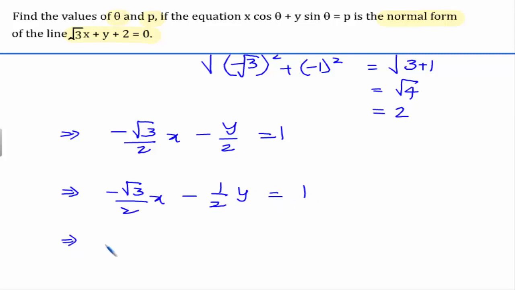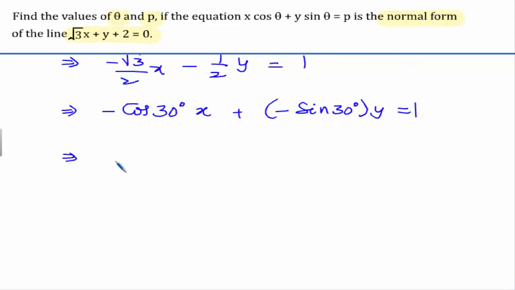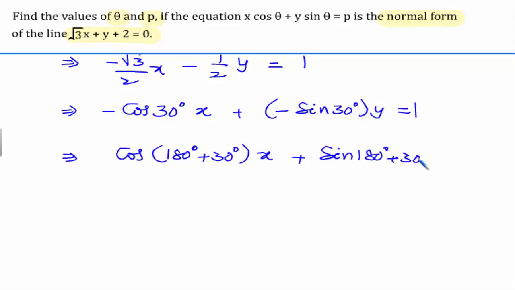Now this will give us minus cos 30 degrees into x plus minus sin 30 degrees into y is equal to 1. This can be written as cos (180 degrees plus 30 degrees), because cos (180 plus theta) is minus cos theta, into x plus sin (180 plus 30) into y is equal to 1.